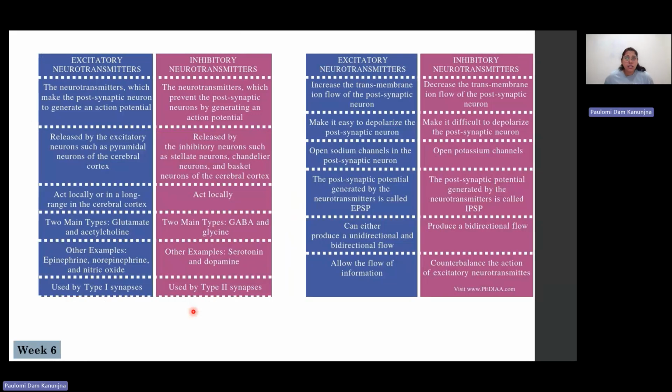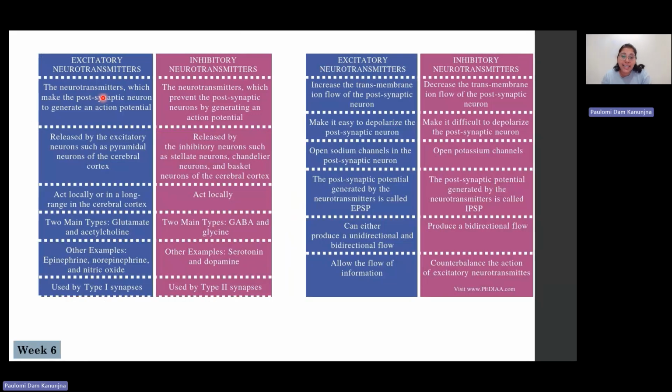If you broadly remember, we discussed excitatory neurotransmitters, examples as glutamate and acetylcholine, and inhibitory as GABA and glycine. Okay, so these are two main types of neurotransmitters. Along with them, you also have epinephrine and norepinephrine in excitatory, and serotonin and dopamine in inhibitory. Now, what do they do?